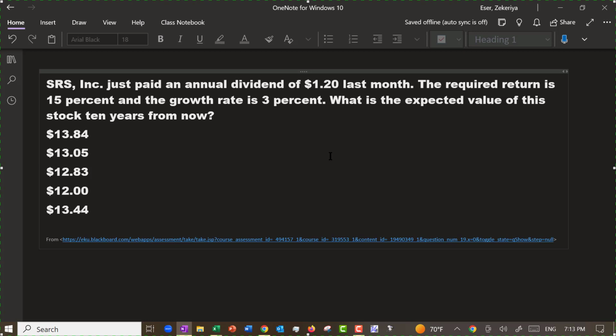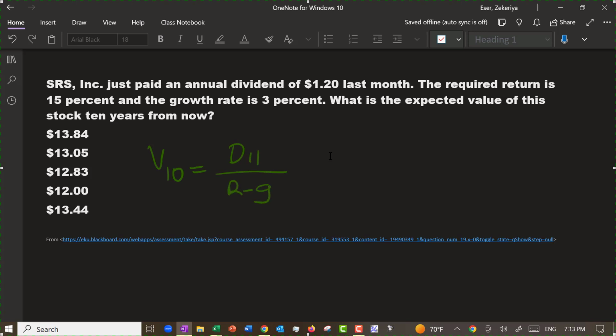Well, 10 years from now, this company is going to be a company where it pays a dividend that grows at a constant rate. So next year's dividend divided by R minus G, right? Well, we know R, 15%. We know G, 3%.